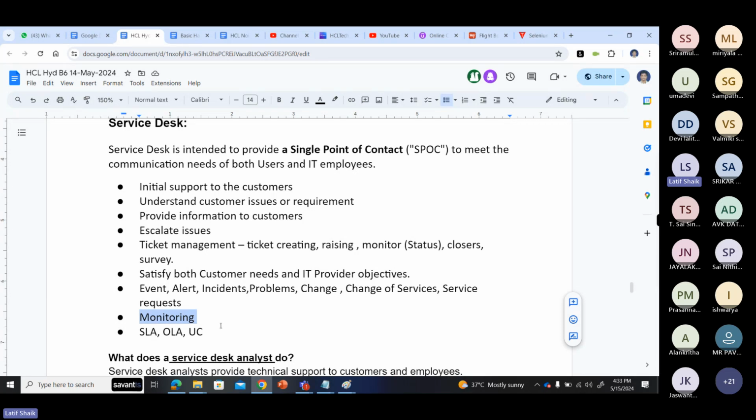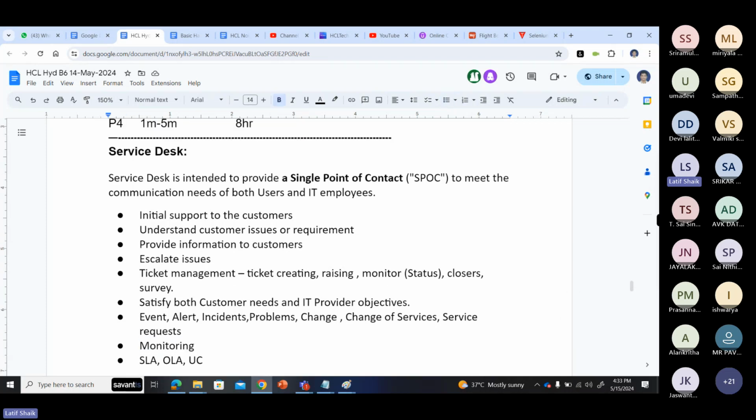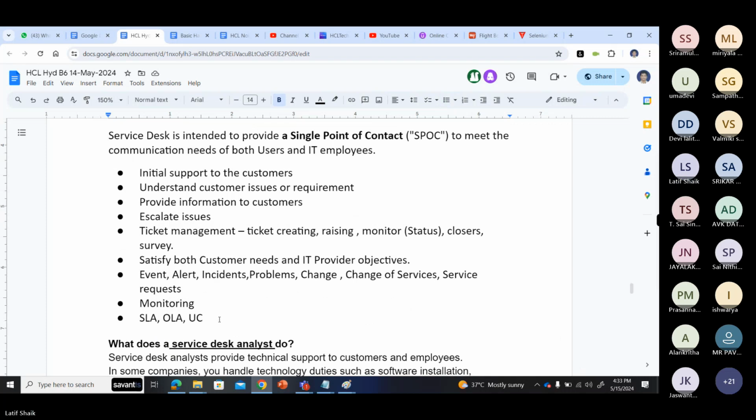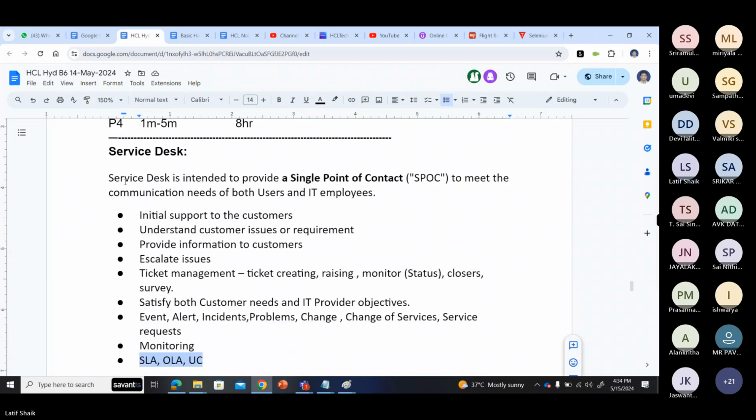So monitoring your infrastructure makes sure that it is running properly. If any errors or warnings are generated, you have to immediately inform the service desk for a solution. So the service desk will immediately look after that issue and resolve it. And there are other terminologies we use, such as SLA, OLA, UC and so on.